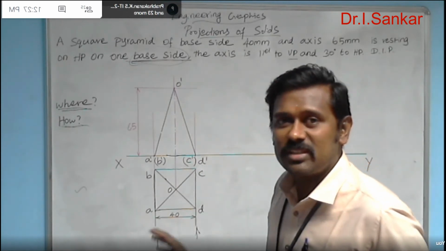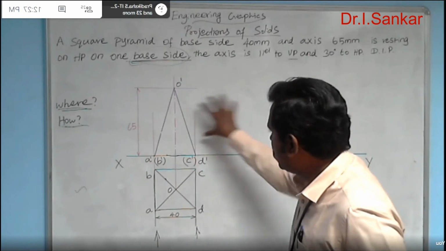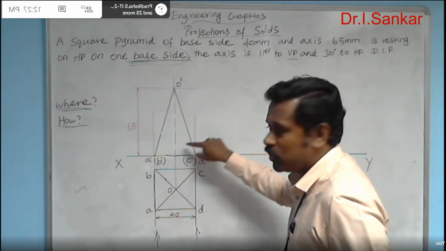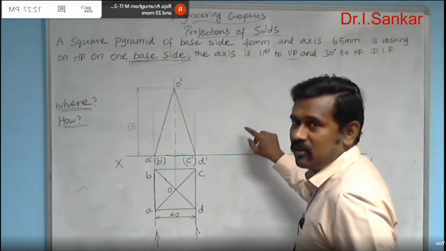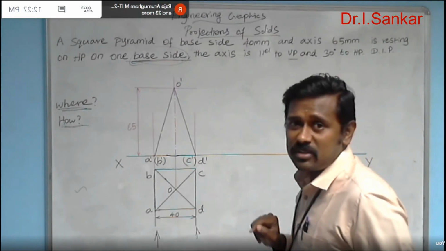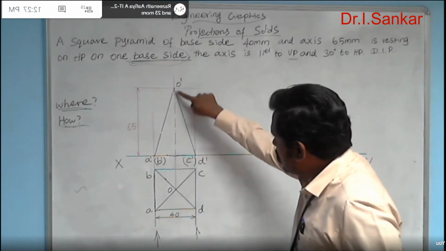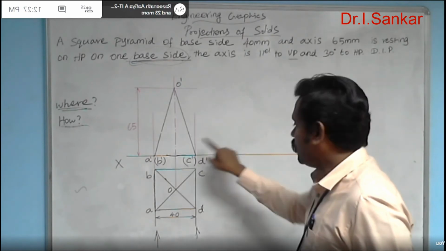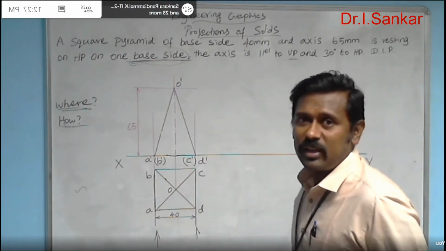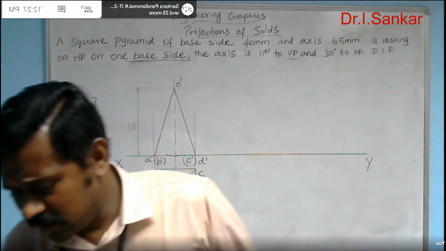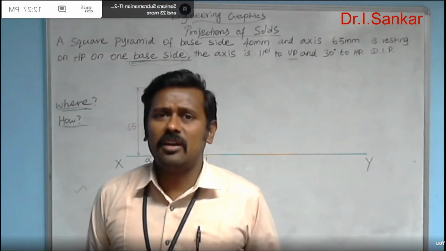This is nothing but the change of position method. You need to tilt the existing front view in the way the problem statement is telling you. Here the axis is now perpendicular to HP. You need to make it inclined at 30 degrees to HP. That's it. For that, a lot of geometrical short ways are available.